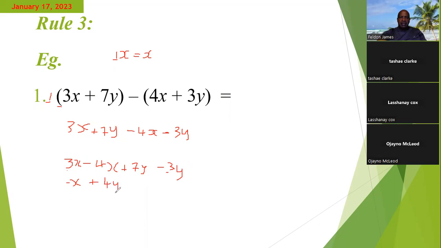Now, this by itself now, we have 2 unknowns here. Once you have 2 unlike terms, you cannot simplify them the same way as when you're simplifying like terms. If the terms are alike, we simplify them by just adding their coefficients.